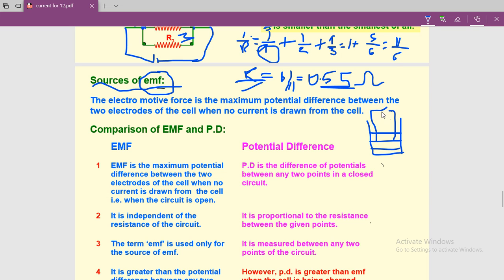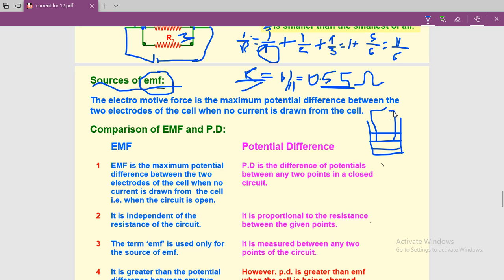So if the cell is in open condition, it means it is not closed. You can see here the circuit is not closed. So the potential difference across the two terminals, it means across cathode and anode of a cell, is found to be maximum.